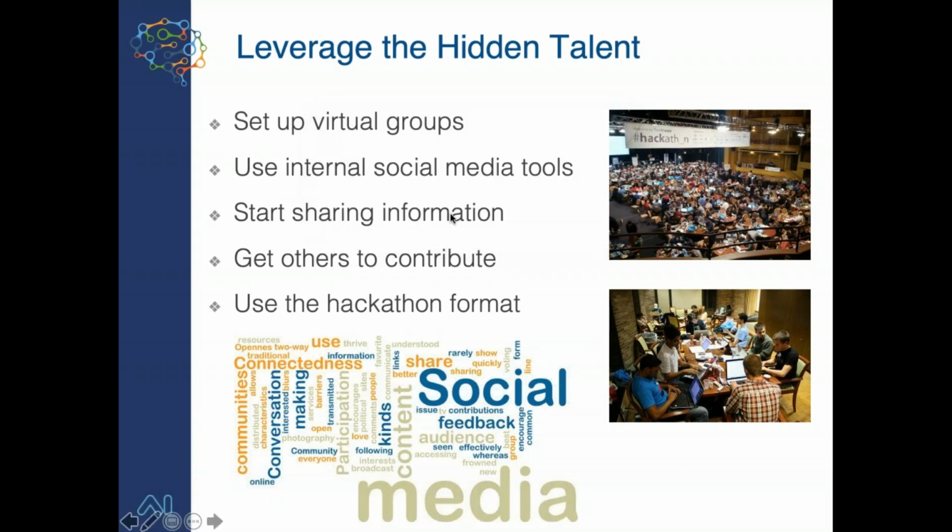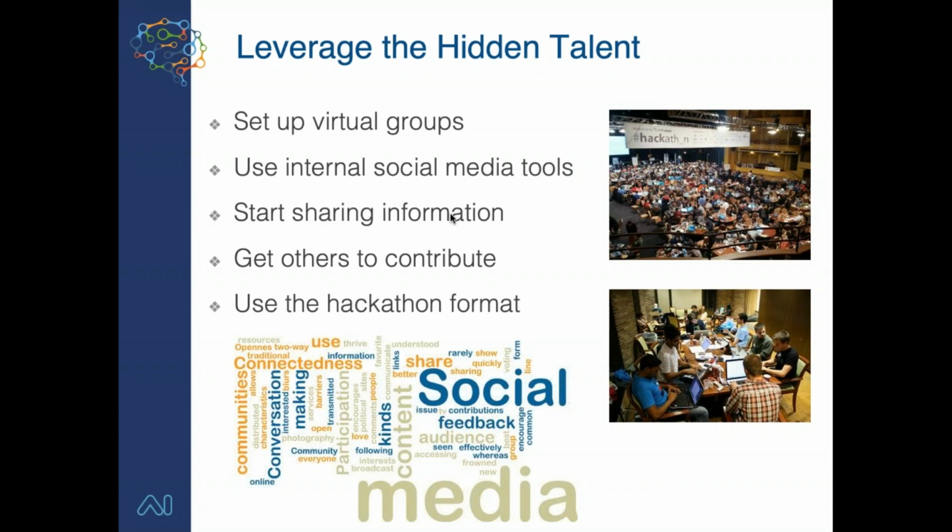What I found as I started to recruit people and network to find people to join the community of practice, there were people within the organization, what I would call hidden talent. There were people already there that had got an MSc in machine learning, but they weren't doing anything with it.